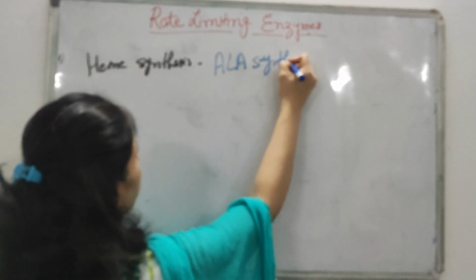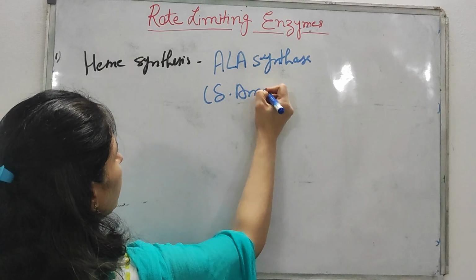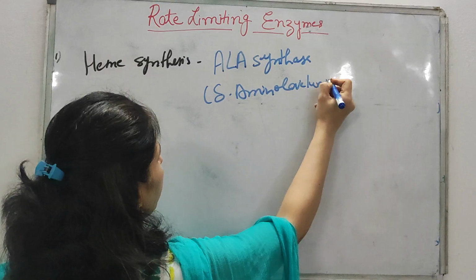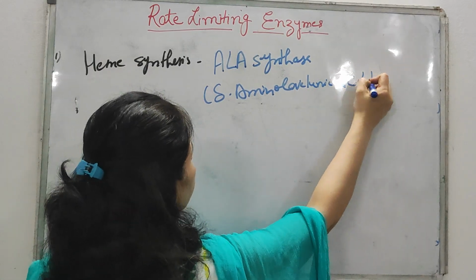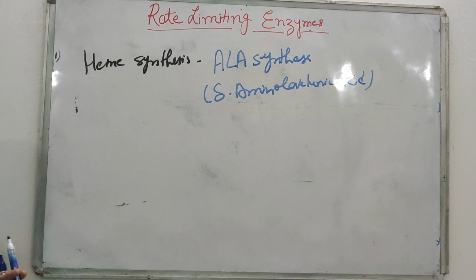What is ALA? ALA is delta aminolevulinic acid, the full form of ALA. So for heme synthesis, it is ALA synthase.